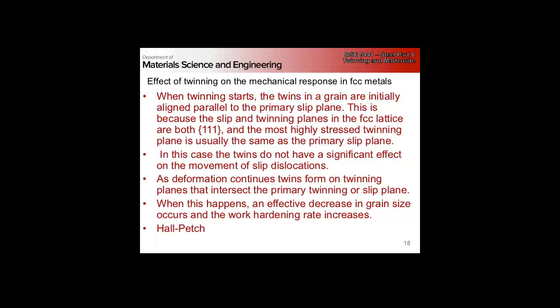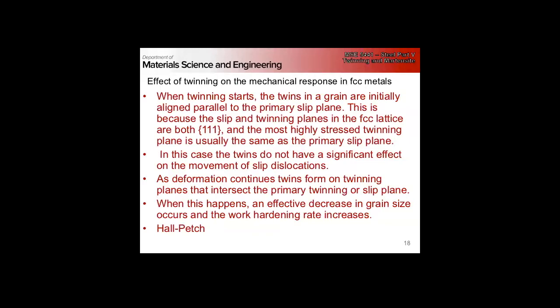Not really, because we're just making a grain boundary parallel with the direction the twin is going. The dislocations are never going to intersect that twin boundary, right? So at the initial stages of twinning, we see a big change in strain, but no real increase in stress.